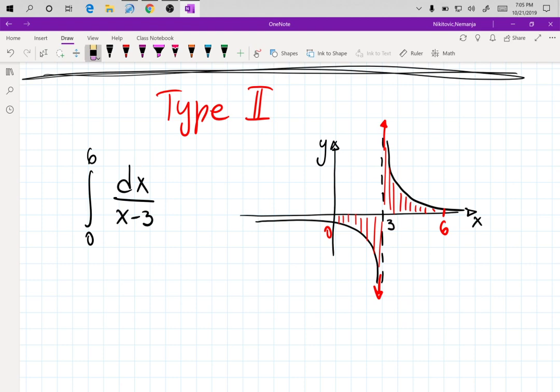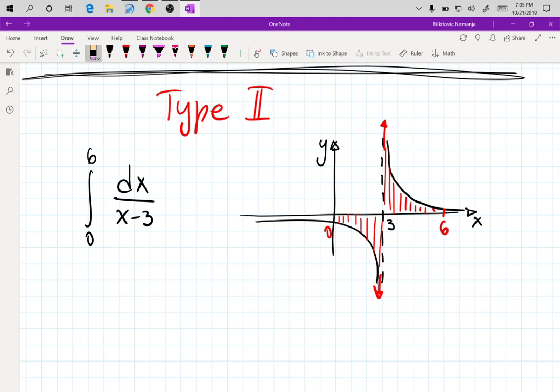Oh, computed, sorry, from 0 to b and computed from a to 6. This is equal to the limit as b goes to 3 minus of ln of absolute value of b minus 3, minus ln of just 3, because you have 0 minus 3. 0 minus 3 is negative 3. Absolute value of negative 3 is positive 3, so that's what you have.